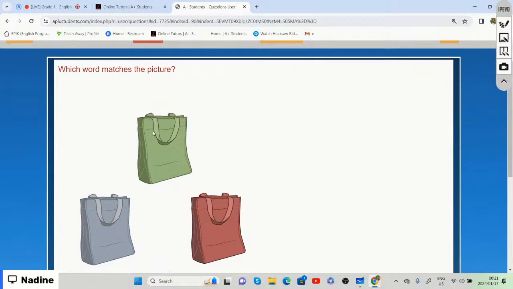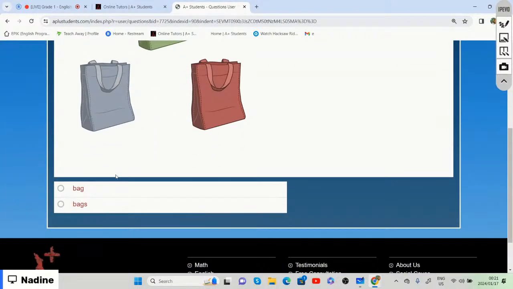Now let's look at the bags. It's 1, 2, 3 bags, right? Do we say 3 bag or 3 bags?